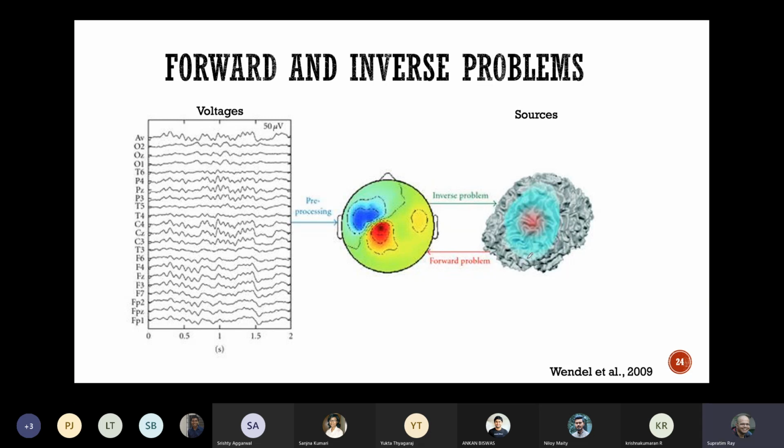And then the forward problem is, given the sources or the charge distribution, tell me what the voltage is going to be on the scalp. Both are hard problems, but this is at least a well-defined problem. This we will see is an ill-posed problem because there are lots of charge distributions that can produce the same voltage distribution on the scalp.